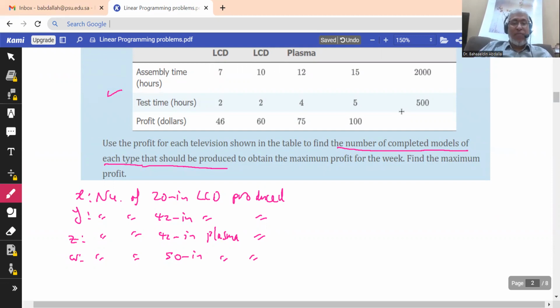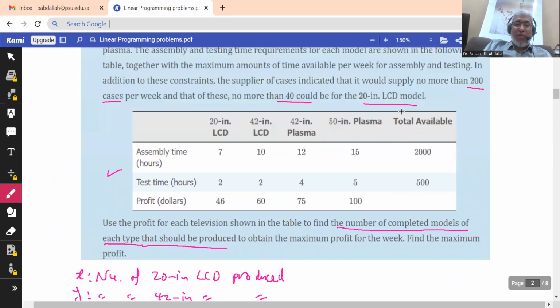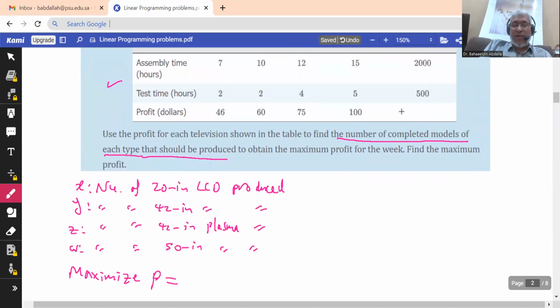These are the 4 unknowns, to obtain what? The maximum profit for the week. So to obtain the maximum profit, this is the function we need to maximize. So maximize the profits, and we need to write the objective function, which is the profit.